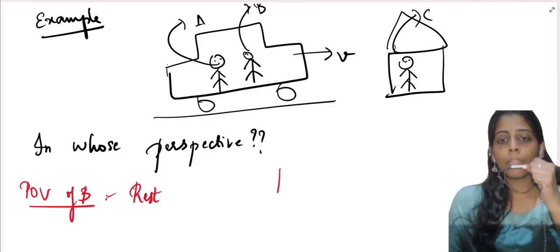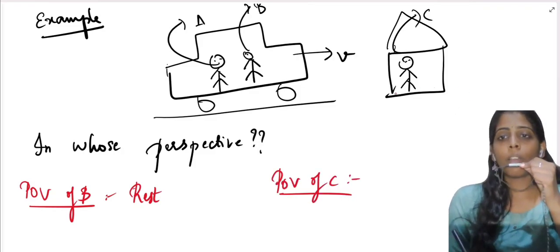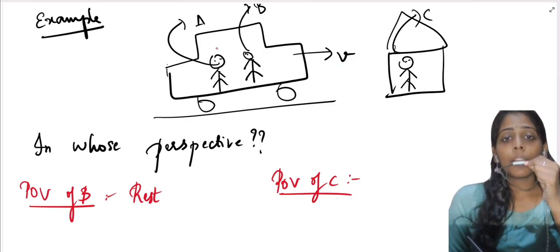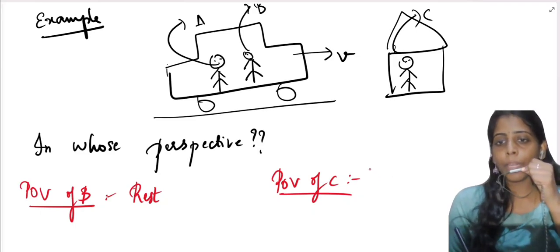Now I am going to ask person C. Person C is standing on the ground and he is observing that a car is moving with velocity v. And person A is actually inside the car. So he is observing person A to also move with velocity v. So person C is telling me that person A is in motion.